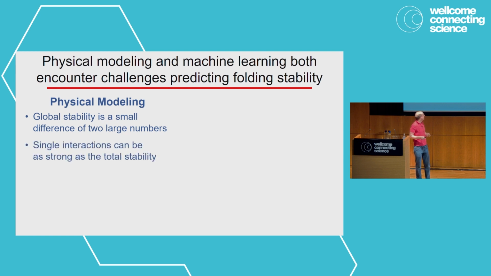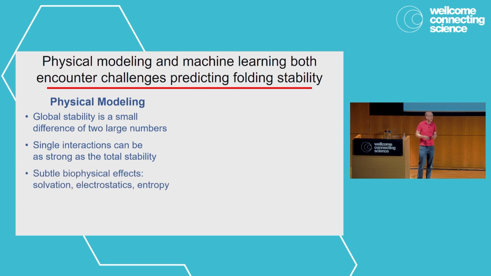Second thing is that each single interaction in the protein, like a hydrogen bond, can be as strong as the entire global stability of that protein. So you get a few interactions wrong, and you can predict the entire protein stability incorrectly.